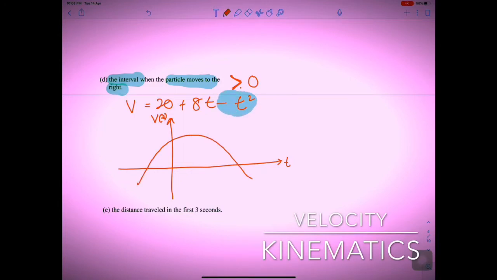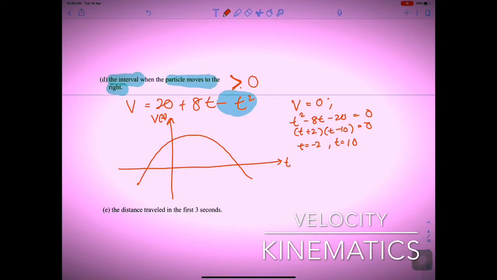If v equals 0 and you factorize the function, you get t squared minus 8t minus 20 equals 0. Factorizing, t equals negative 2 and t equals 10, so (t plus 2)(t minus 10).